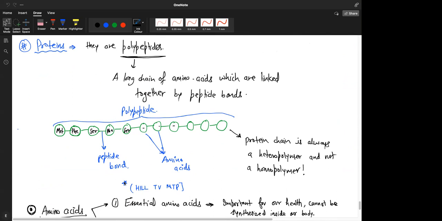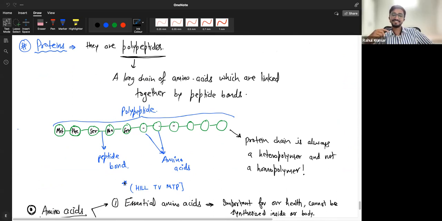Because there are 20 different kinds of amino acids in our cells, and every protein contains more than one type of amino acid. So the monomers are different, and the chain becomes a heteropolymer.